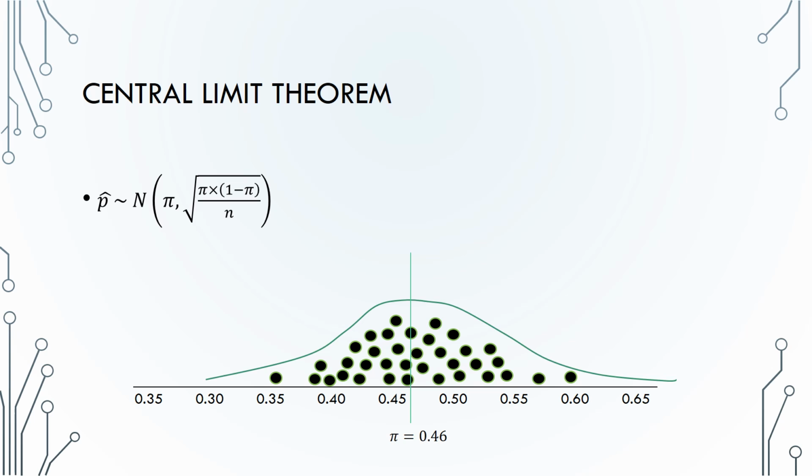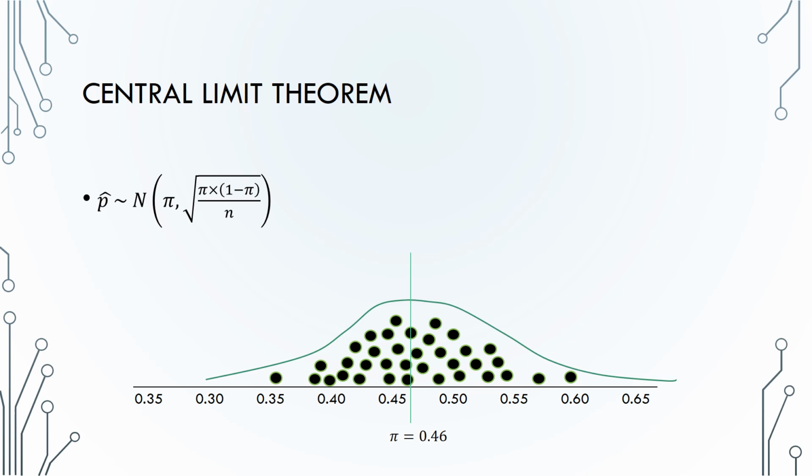Third, it tells us that the standard deviation of the sample proportions can be approximated using the formula square root of pi times 1 minus pi over n. In this case, the square root of 0.46 times 1 minus 0.46 divided by 40 is 0.0788, or on average, each sample proportion of females among 40 MSU students will be roughly 0.0788 away from the true proportion of females at MSU, 0.46.